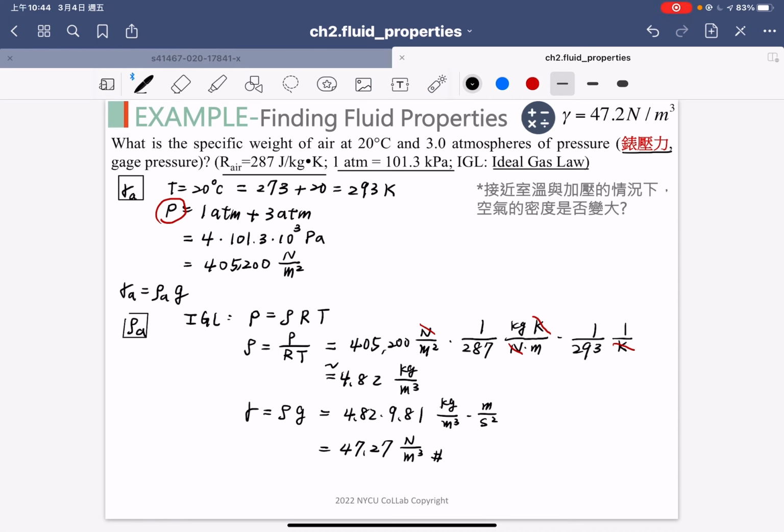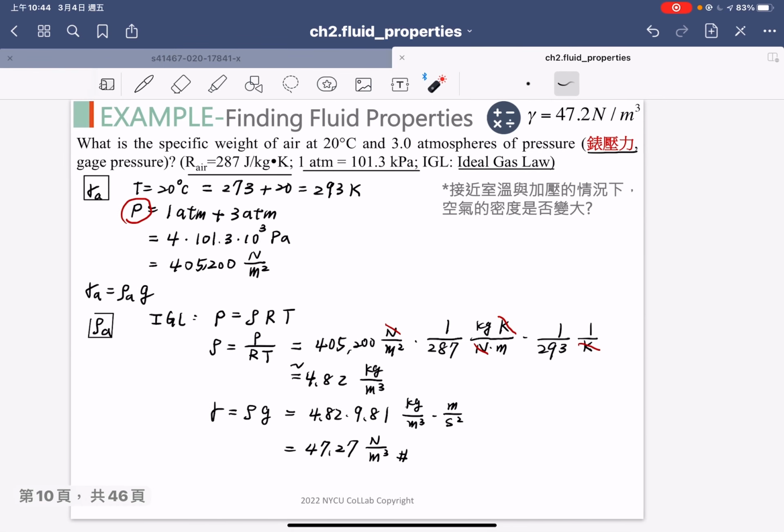And when the density is different, the specific weight we compute is also different, because the specific weight gamma equals rho g. So if rho is different, gamma will be different. Okay, so this is a quite simple idea. So the words I highlight here: why will the density become larger? Because we apply the compression force. Okay, so this is the first one.